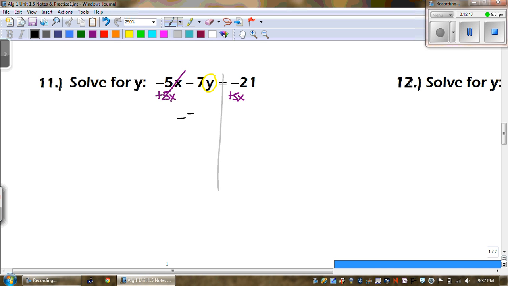And we're left with negative 7y equaling 5x minus 21. Okay, to get the y by itself, we have to divide every term on the other side, and we're dividing it by a negative 7. Okay, don't forget about that negative sign.